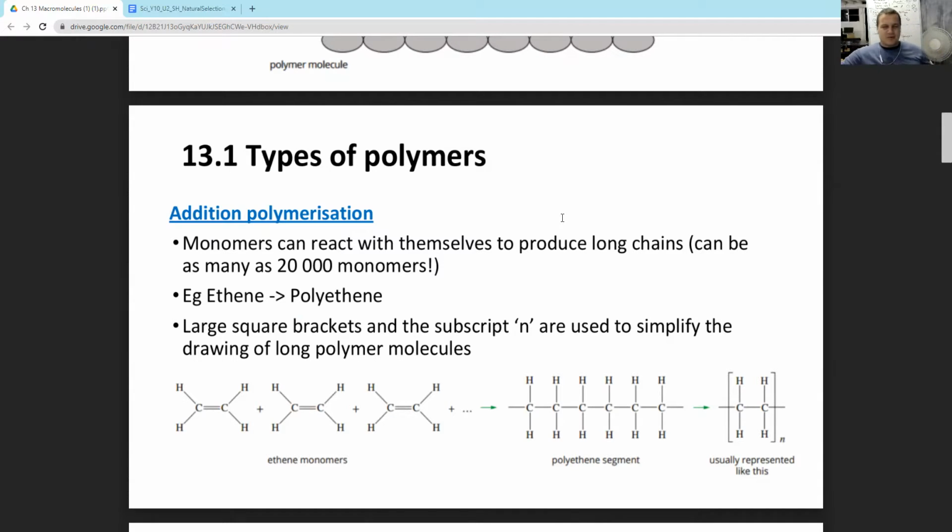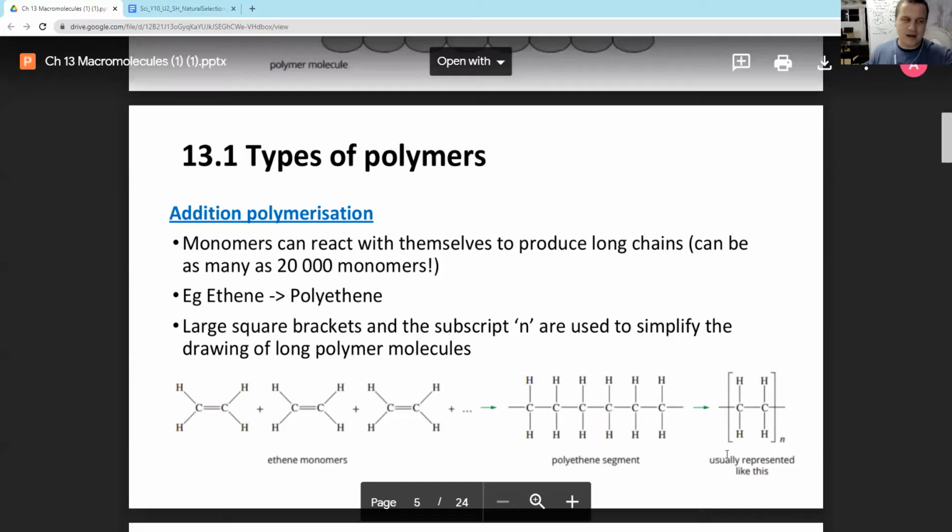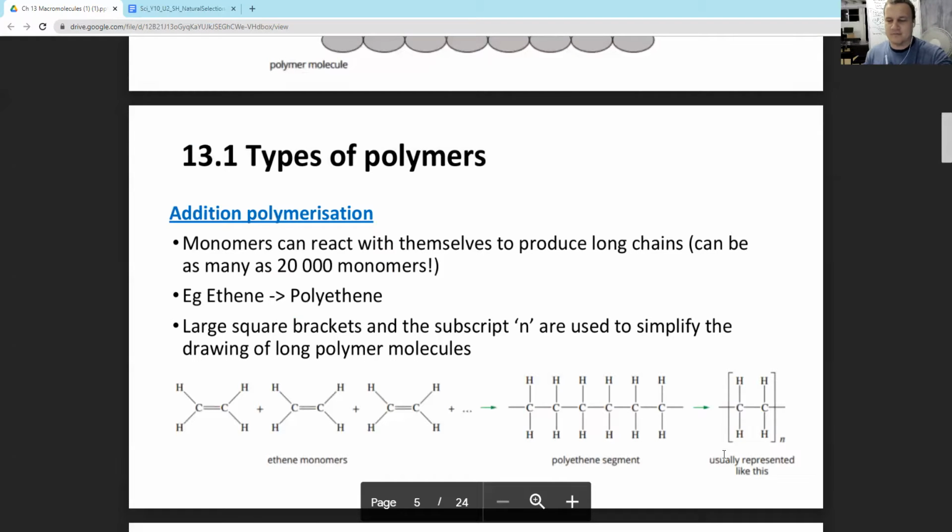But what we do here is we're getting rid of the double bonds. Say we react 10 ethene molecules together, we would then have this here, and then n would equal 10.